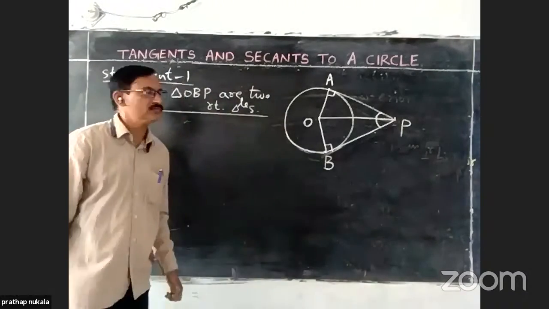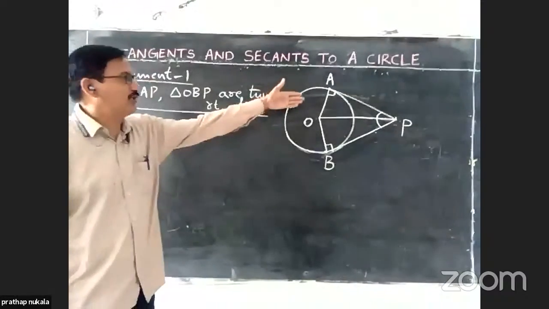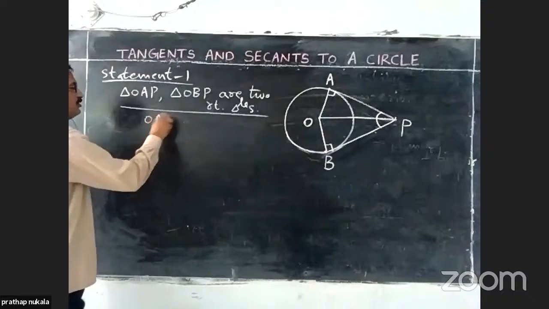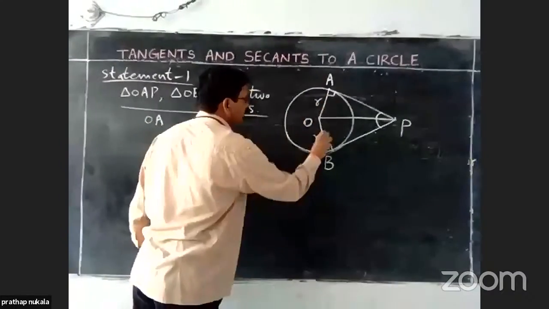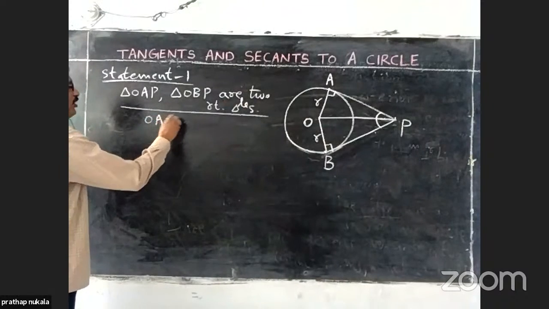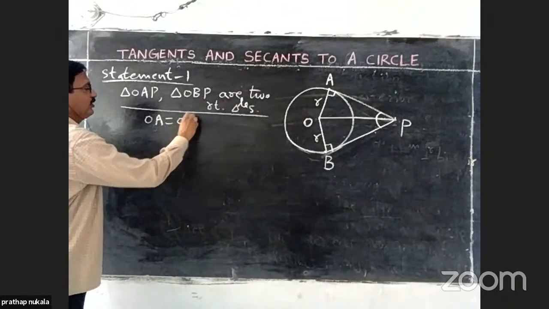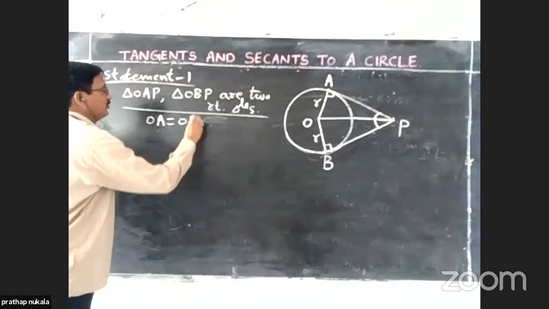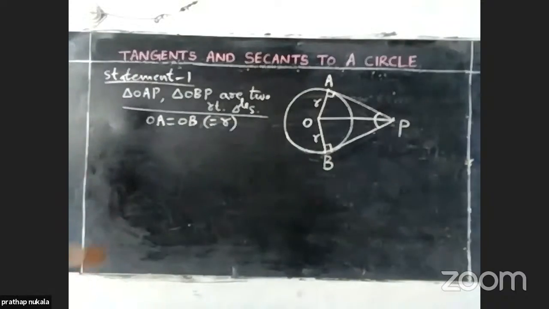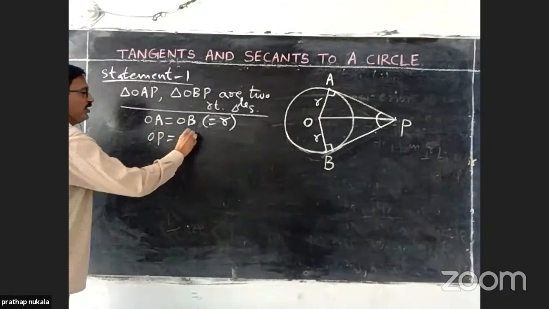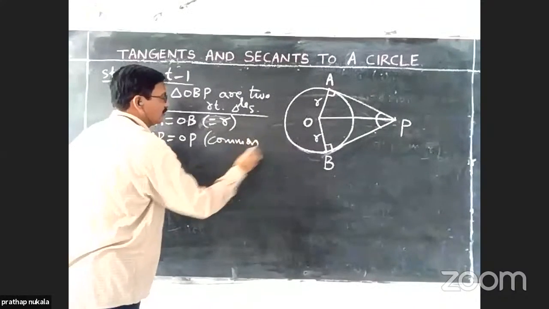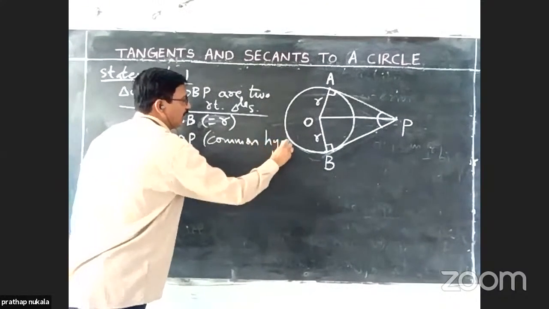Now, OA equals OB, both are radii. Next, OP equals OP, the common hypotenuse.